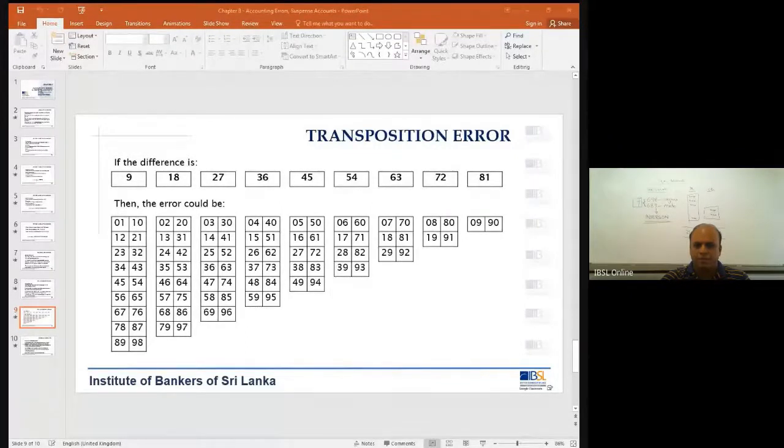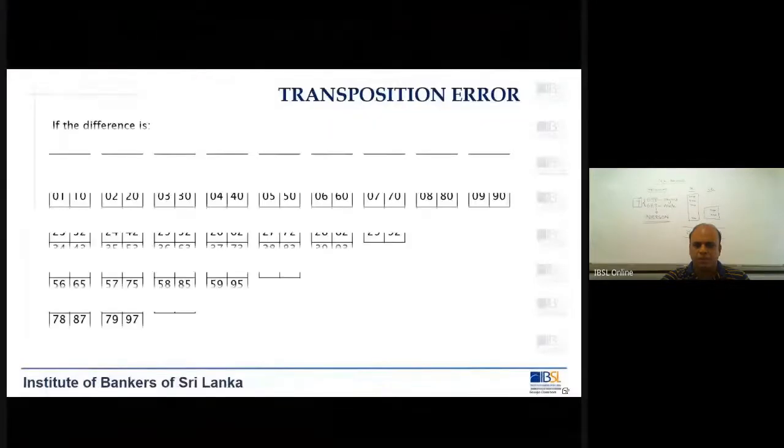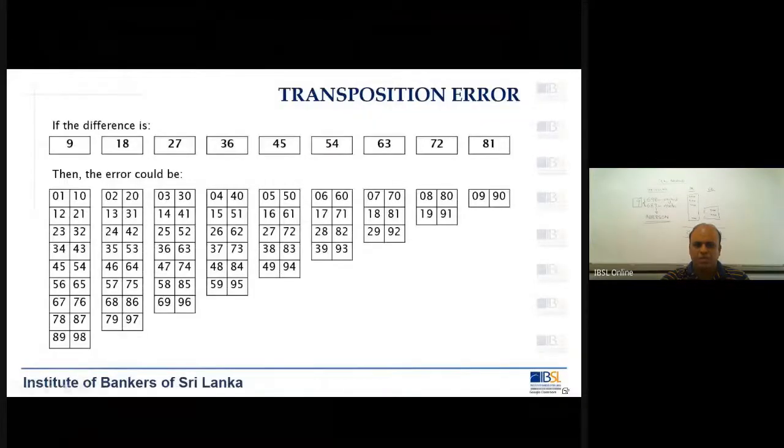Right. So let's get back to the presentation. So the transposition error is also clear now. Altogether, if you look at all the accounting errors, the transposition error is slightly different, because it can be identified straight away when you look at the trial balance and look at the two totals.